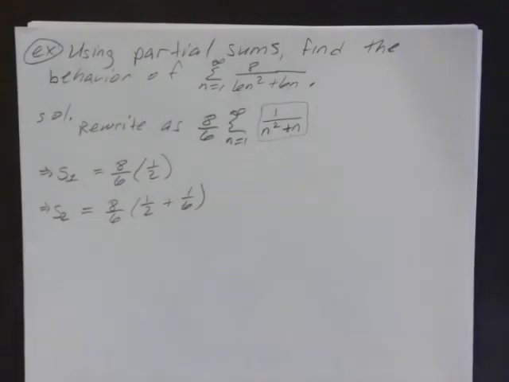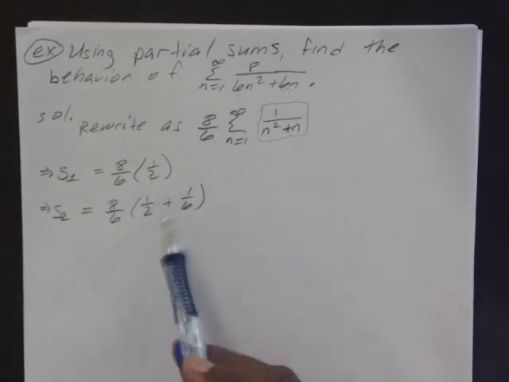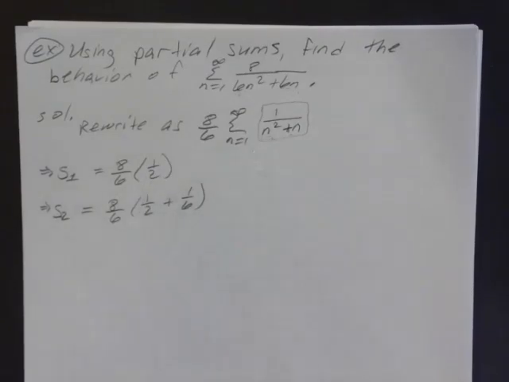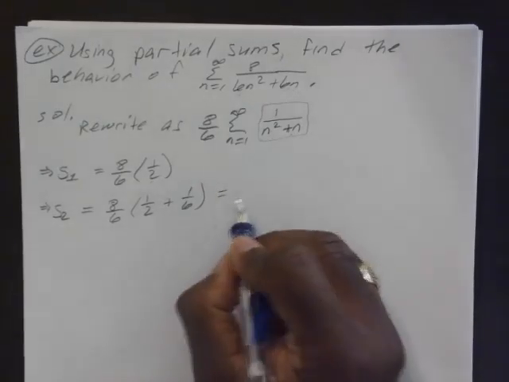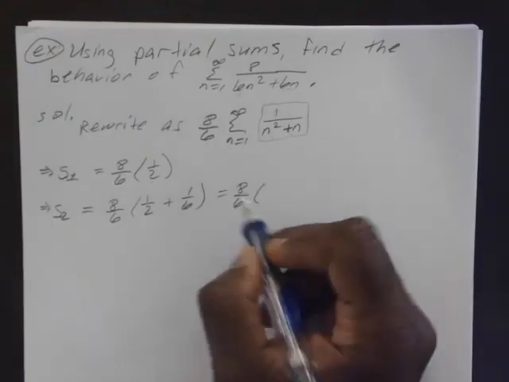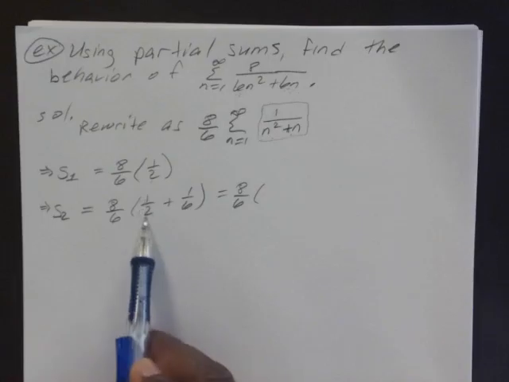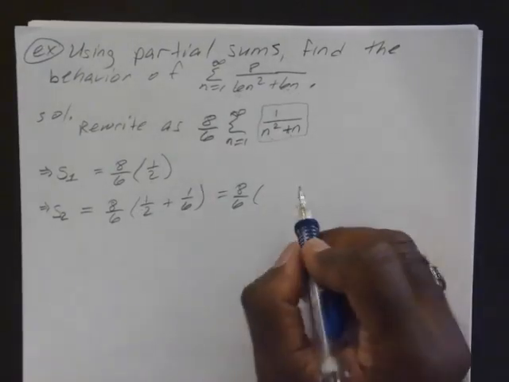Plus 1 over 6. Okay, so we get our first partial sum plus plugging in n equals 2 gave us 1 over 6. So that gives us 8 over 6. If we multiply this by 3 over 3, that gives us 4 over 6, which we can simplify to 2/3.